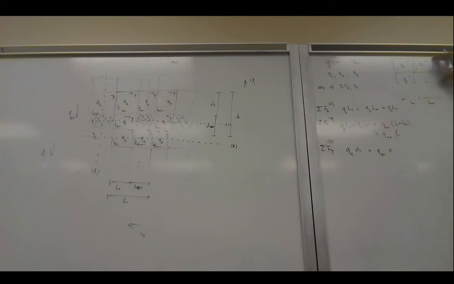So we can do the summation of forces around this panel. So we have Q2 times D1 must be equal to Q average times D1 plus DW, which is D. What this gives us is basically a third equation. So now we can solve our problem because we have 3 equations and 3 unknowns.